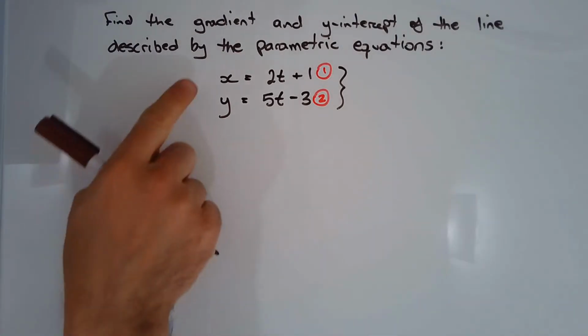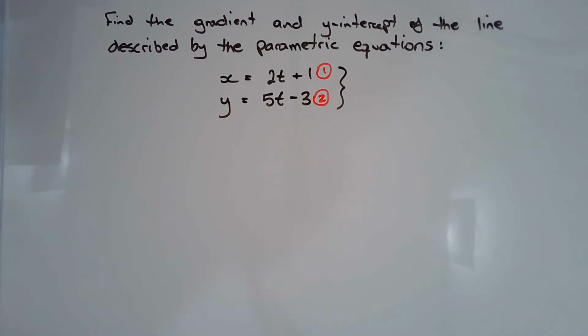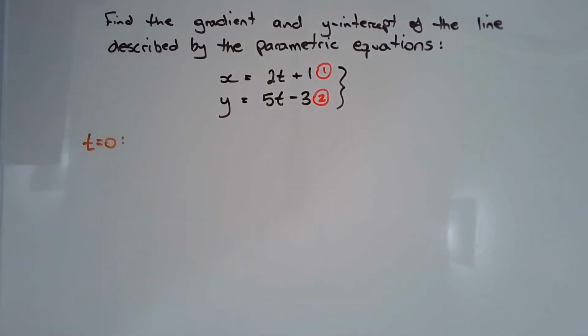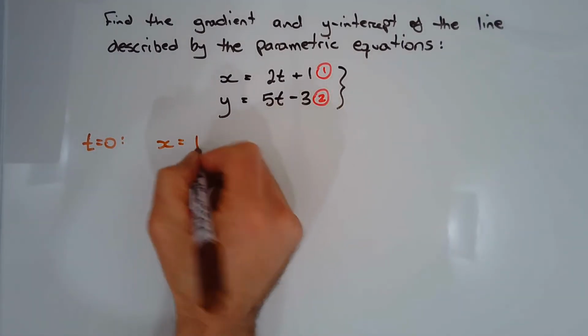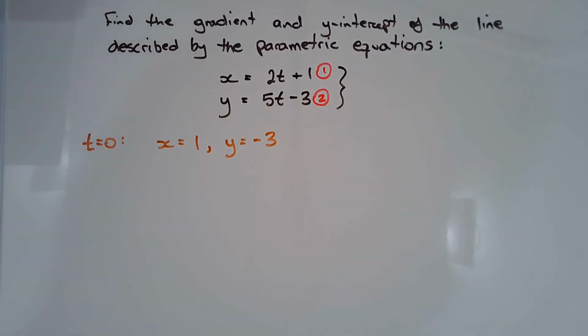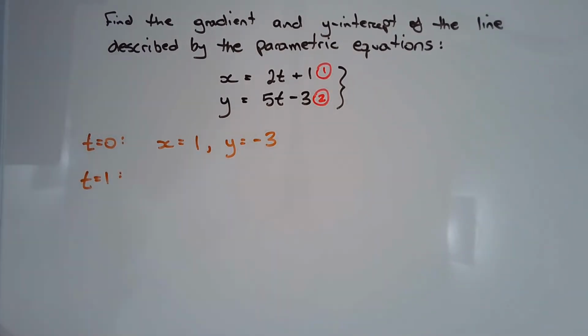What we could do is to come up with two coordinates by choosing two values of t. So if we let t equals 0, we have x equals 1 and y equals negative 3. So that's our x1, y1. What about t equals 1?